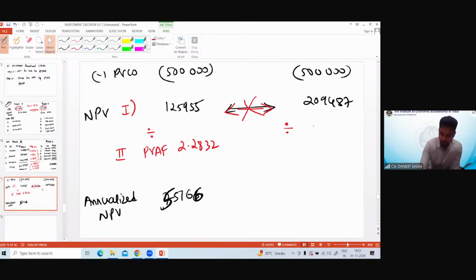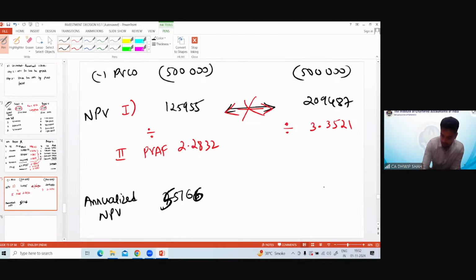The PVAF factor for project Y is 3.3521. So my annualized NPV for project Y comes to 209,487 divided by 3.3521. How much is it coming? Something 2494.25.